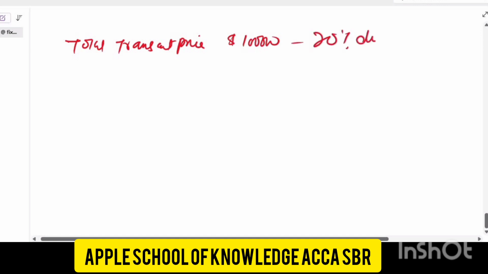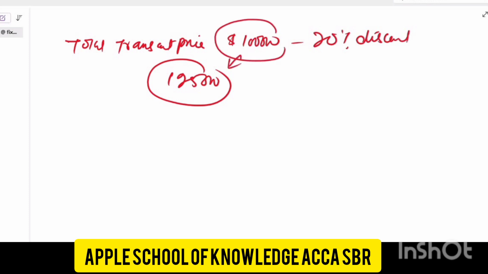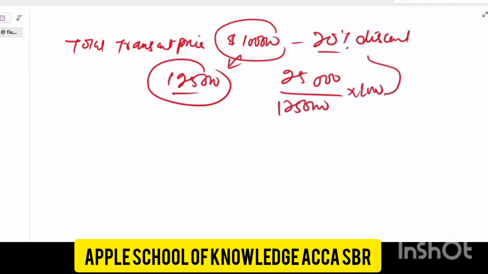This includes a 20% discount on the total stand-alone selling price, that is 125,000. So when you deduct this amount, you will get this amount. Clear? This is the total stand-alone selling price. So the discount allocation, if you want to calculate this 20%, is simple. This is 25,000 divided by 125,000 multiplied by 100, then you will get 20% discount percentage.